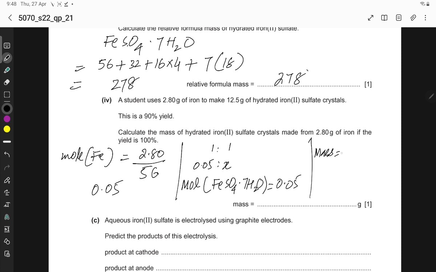Mass is equal to 0.05 into 278. The answer is 13.9 gram.